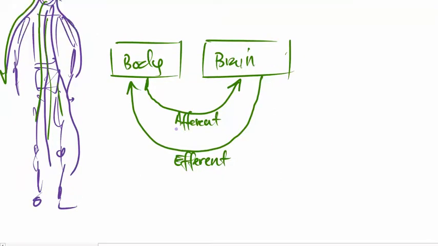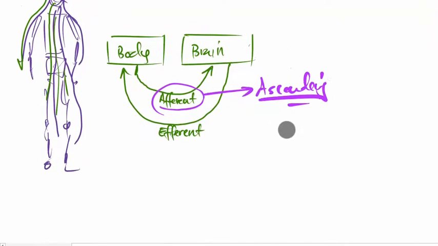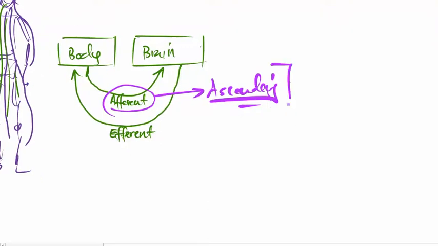So we're going to be looking at this kind of afferent information, the information that is ascending back up to the brain. This information that is ascending to the brain is going to be sensory information.